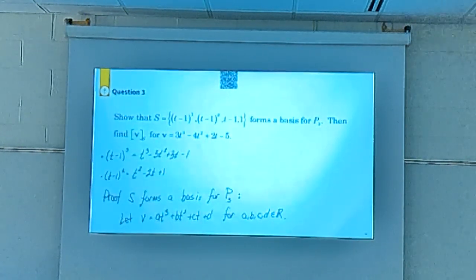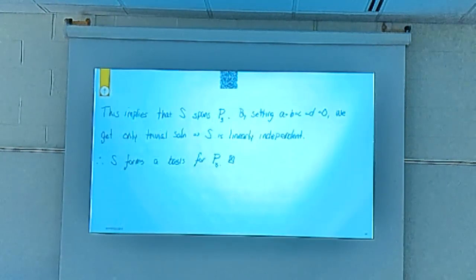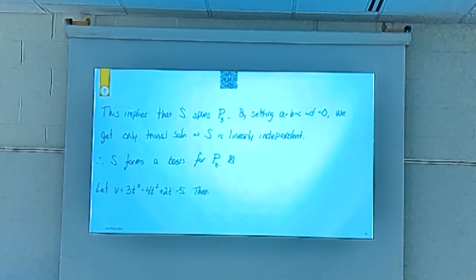Find the coordinate vector for 3t cubed minus 4t squared plus 2t minus 5. First of all, how many coordinates should you have? 4.